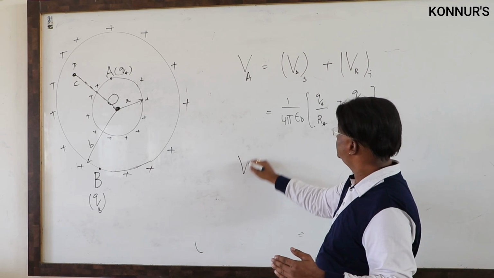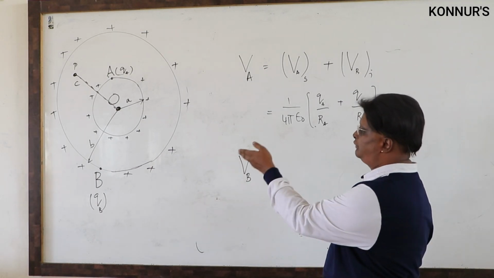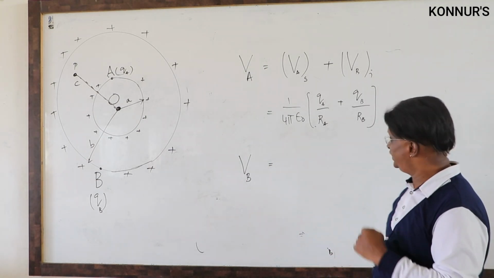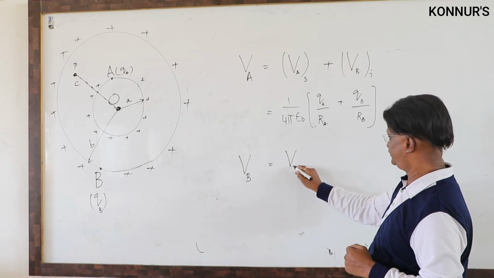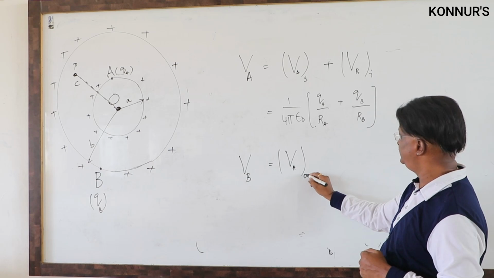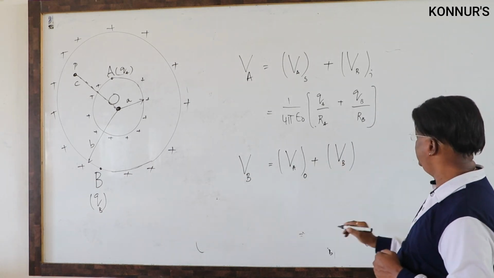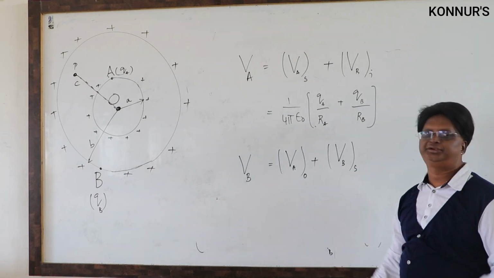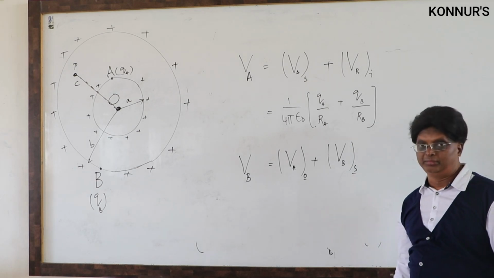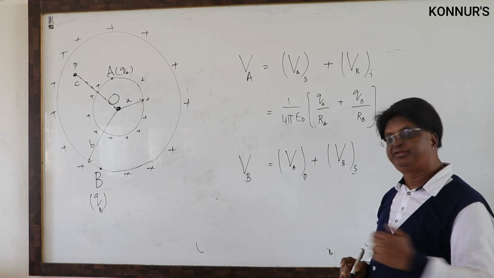Similarly, now shall we calculate the potential at the point B? That point B I have considered as a point on the surface of the outer shell. Now what happens? Here again, this is the potential due to A, but the point B happens to be an outside point, plus the potential due to the outer shell B, which happens to be the surface point. I hope you understood the meaning of these symbols: O for outside point, S for surface point, I for inside point, like that.